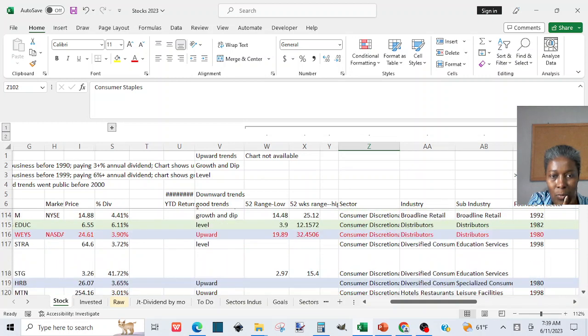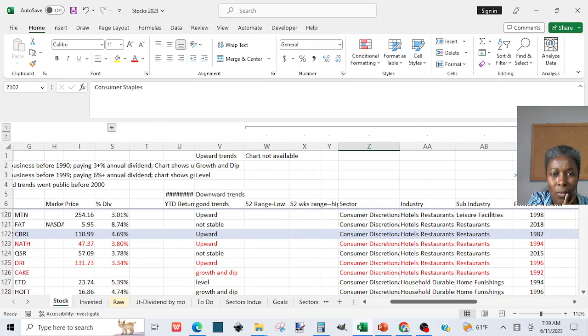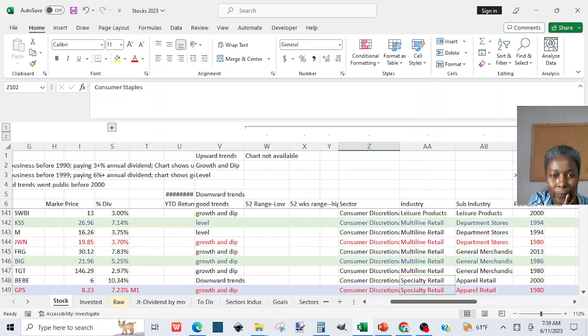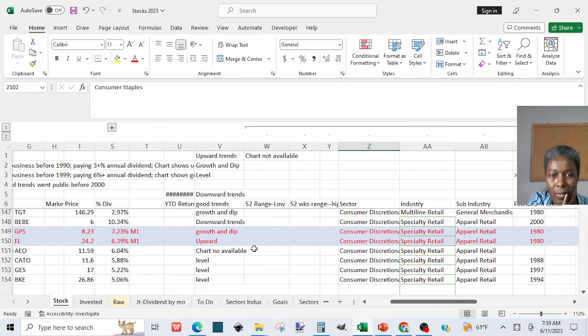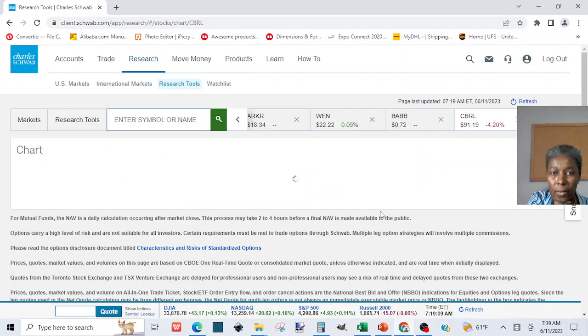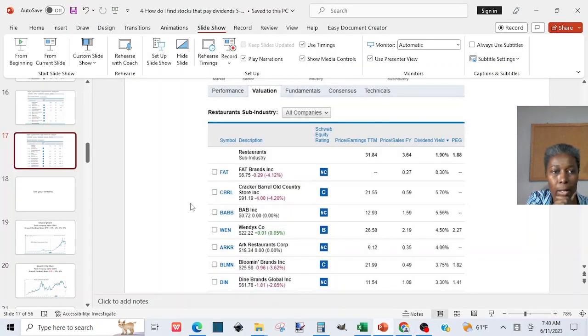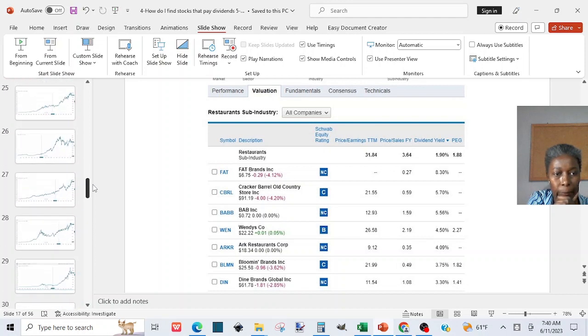I'll just put not available, or I'll go back to it a little later. Yeah, chart not available. So without seeing the chart, I won't have the year that it went public. Of course, that's something you can find if you search on the other page, but I like to find it from the chart page. So that's just to show you how that research goes, and let's just continue.